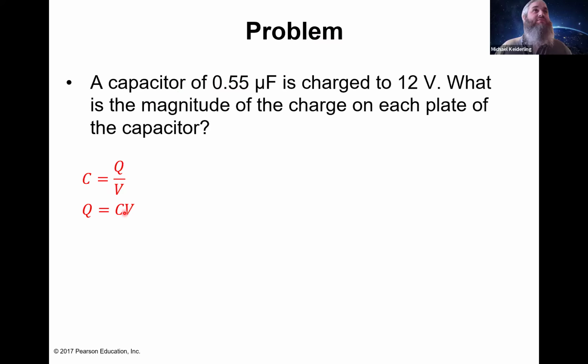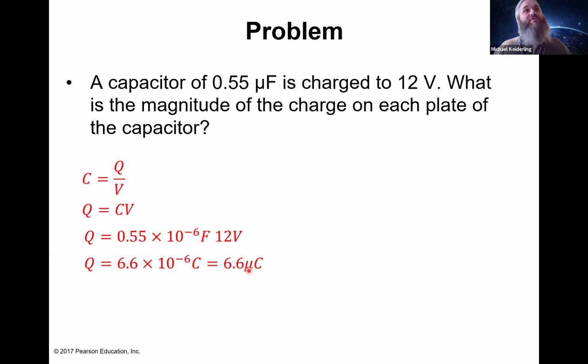So the charge is just going to be the capacitance times the voltage. The more capacitance a capacitor has, the more charge it can store for the same amount of voltage. So 0.55 times 10 to the minus 6 farads times 12 volts is 6.6 microcoulombs.